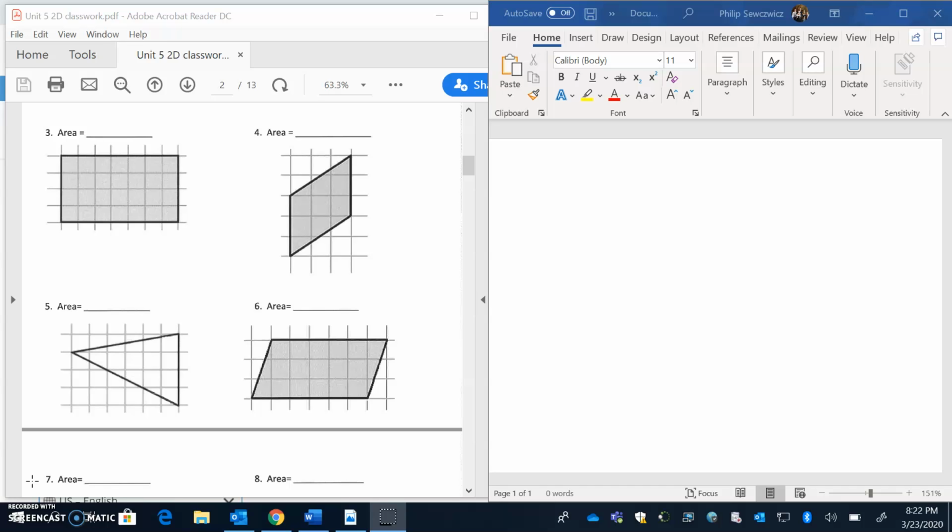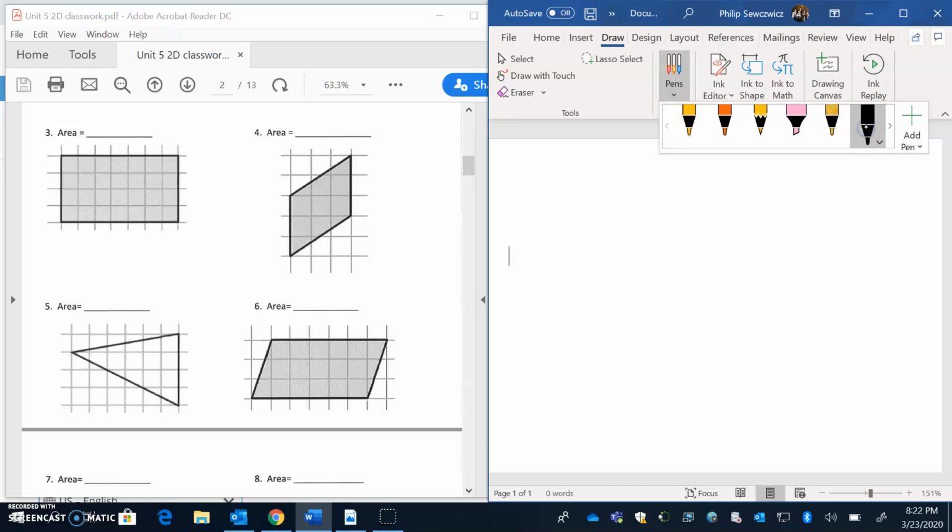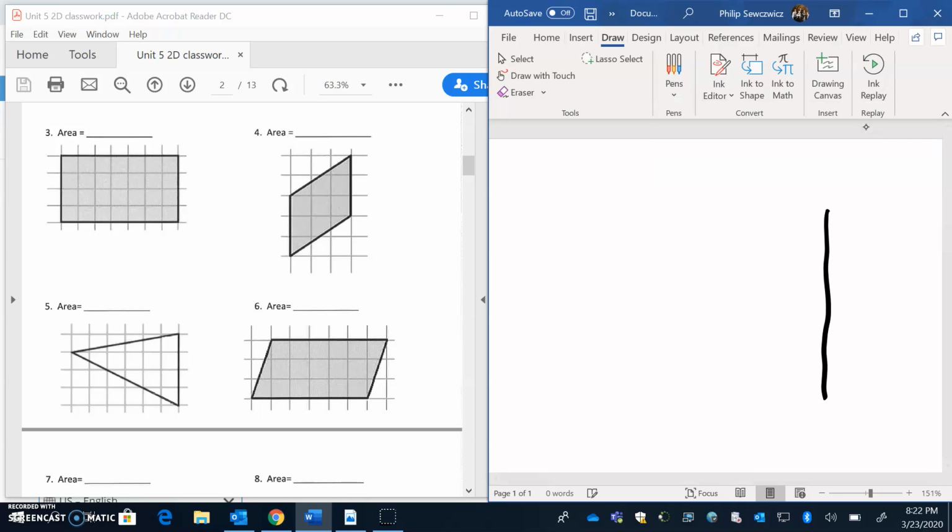So we left off with question number 5. The thing that we want to notice in question number 5 is that it is a triangle. So we've got something like this. And even though it's not a right triangle, the same technique's going to work.